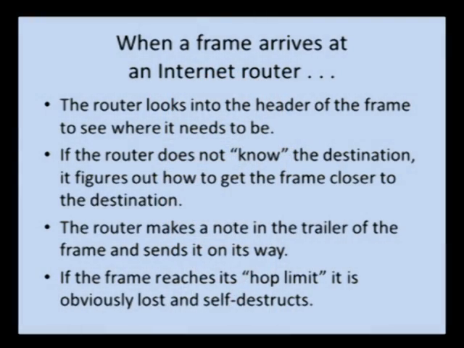When a frame arrives at a router on the internet, the router looks into the header of the frame to see where it needs to be. The router is not likely to be directly connected to the destination, but somehow the router knows how to get that particular frame closer to where it needs to be. And so it sends the frame to another router that it knows about.